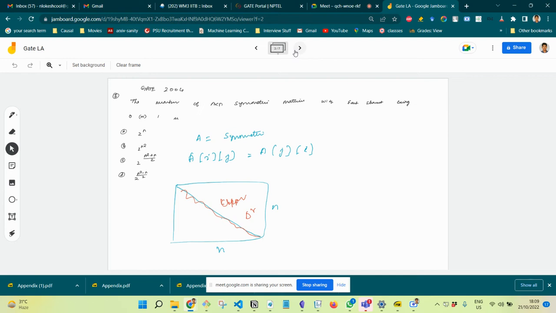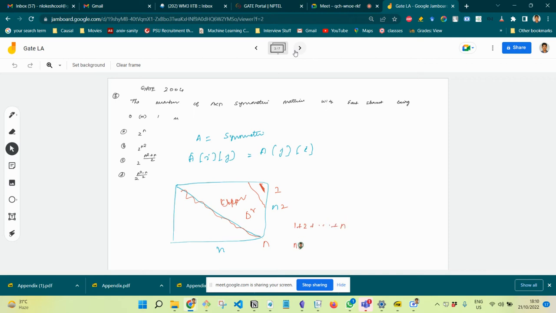Now when you start counting, you will start with the upper right corner, where you will have one entry. In the second diagonal, you will have two entries, and likewise you will come all the way to n entries. So the number of items that you have freedom to fix is 1 plus 2 plus up till n. You know the sum of n natural numbers formula.